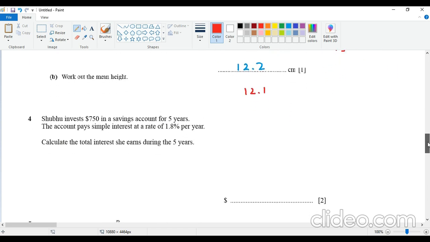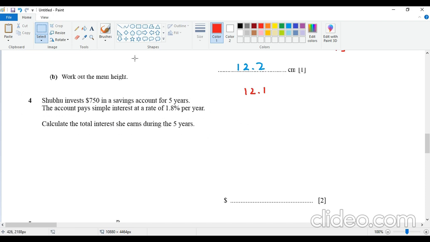Now this is the question for finding out the interest. And we know very well the formula for finding out simple interest. So we'll use this formula. We need to find out the interest. Principal is already given here, which is 750. Rate is also given, which is 1.8 over 100, and the time is 5 years.